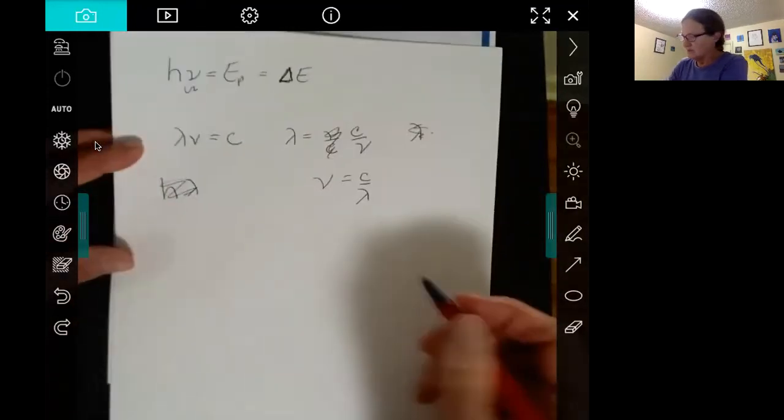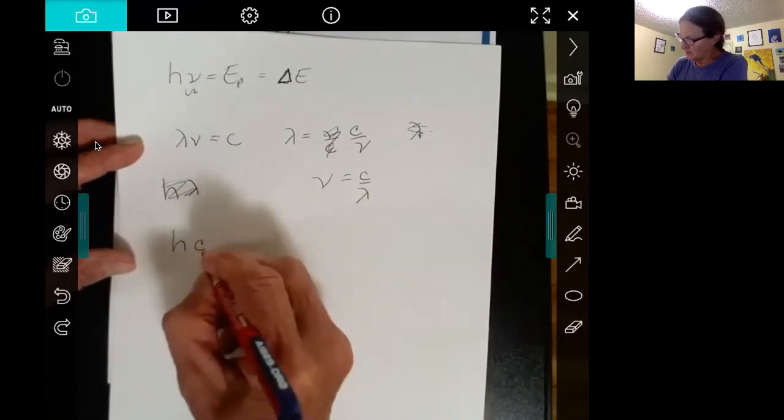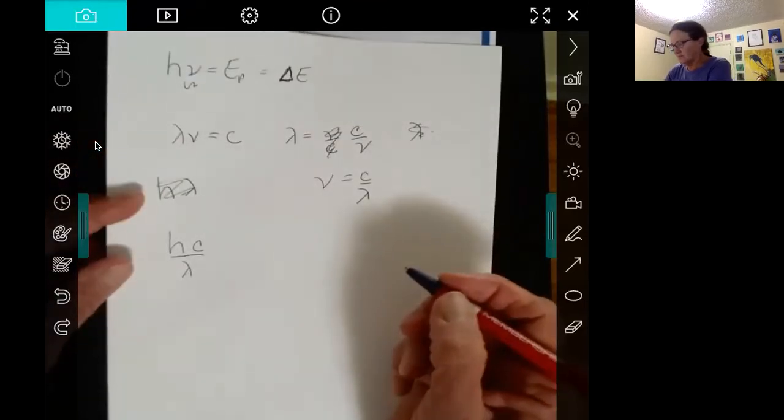Sorry. So you could put that directly in for the nu. Instead of frequency, you could put in c over wavelength. That's a common thing to do.